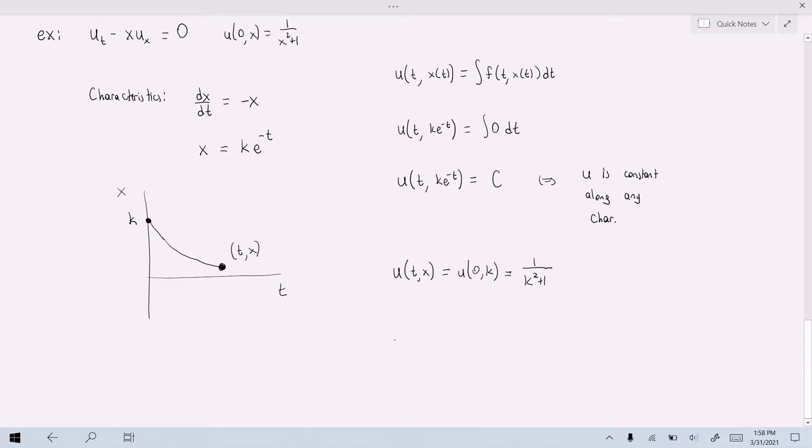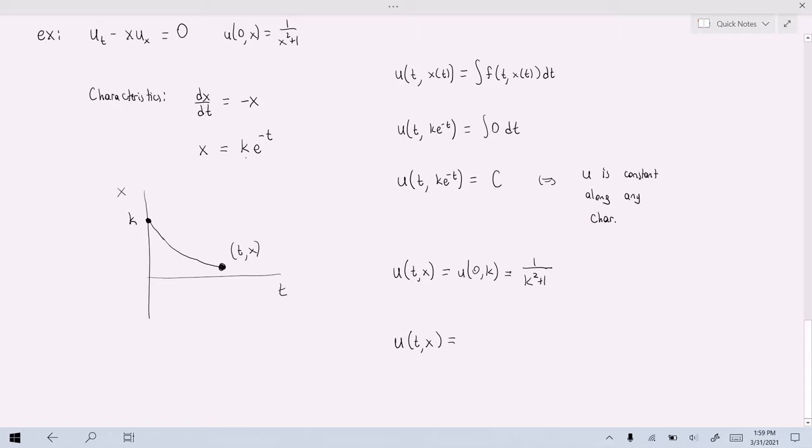And then finally, to get our answer in terms of t and x, we want to replace k with an expression involving t and x. We can do that using the characteristic equation.